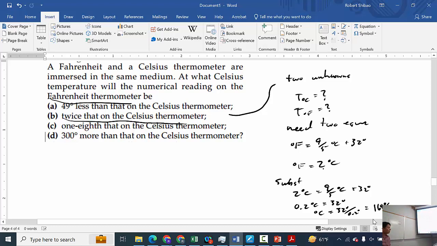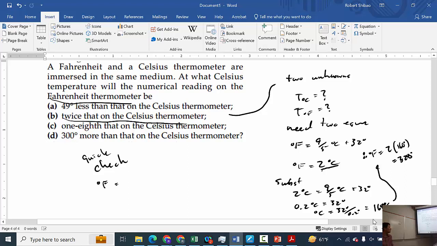And that means the degrees Fahrenheit must be double that. You see that? 160. Therefore, degrees Fahrenheit is equal to 2 times the degrees C, which is 320 degrees. So we can check this. Quick check.